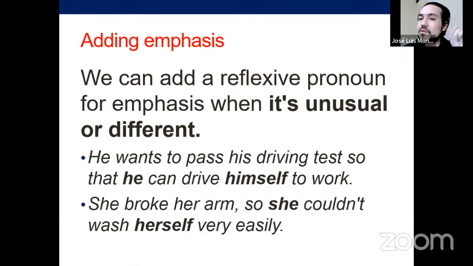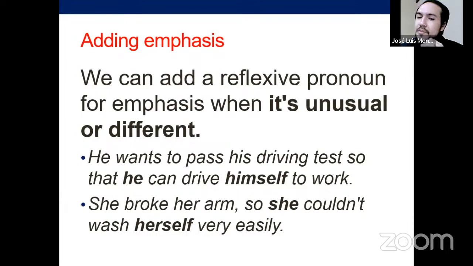Okay, for example, something unusual, it can be, you know, I built that house myself. I did it alone without any help, and it's unusual, it's different. That's why I'm saying that I built it myself. Because again, it's unusual, it's different, and I did it personally.